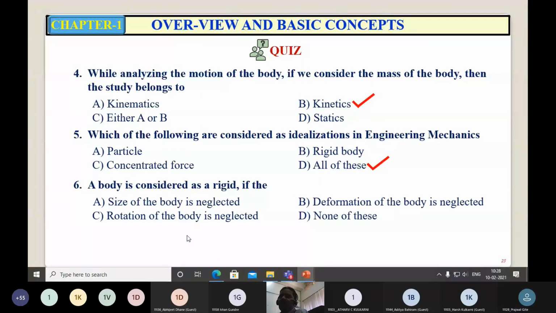And suppose on a body, if a force system is acting in such a way that it does not have any tendency to rotate the body, then it becomes a particle. Is it clear? That means while analyzing the problem, if the rotation of that body is neglected, then it becomes a particle, right? So the body is considered as rigid only if the deformation of the body is neglected. Okay, sir. So answer B.